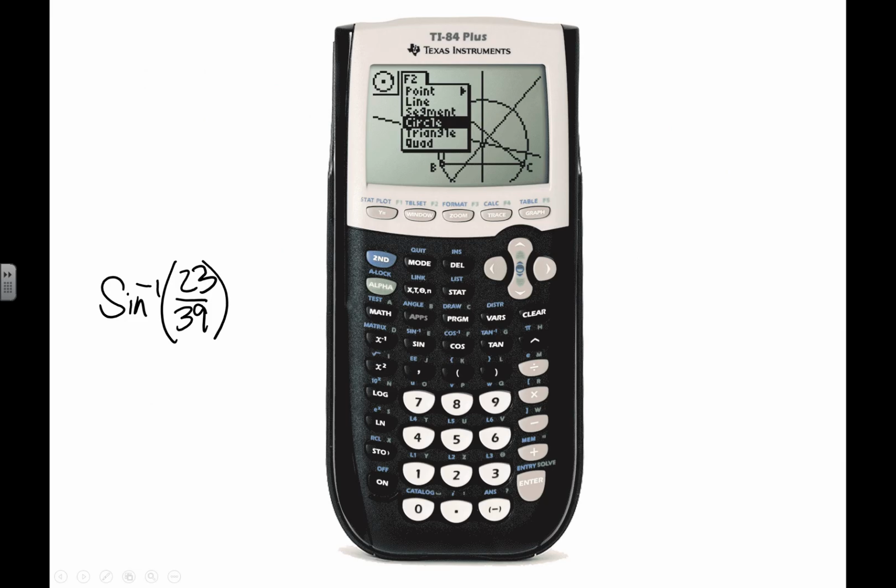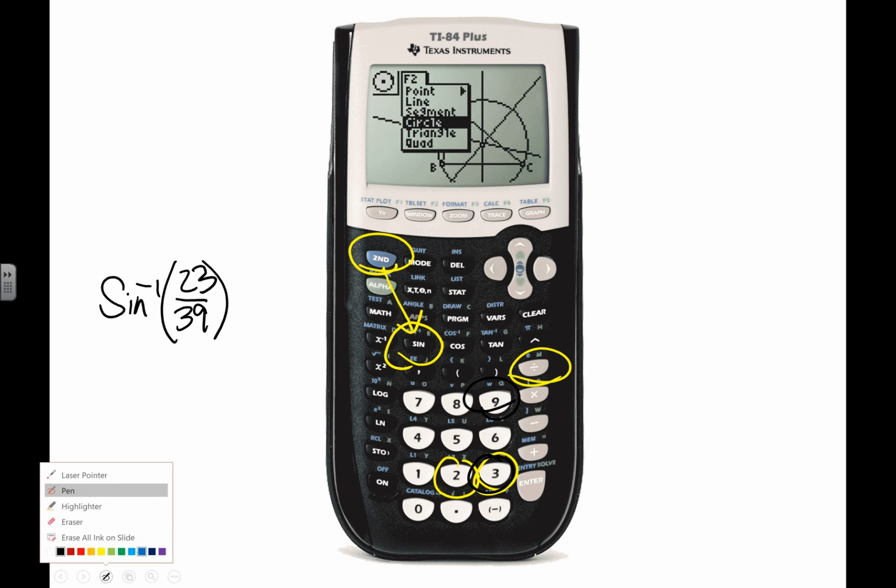You start with hitting the second function button. Once you hit the second function button, you hit the sine, but it's going to give you inverse sine. Then go ahead and hit 23 divided by 39, and then the enter button.